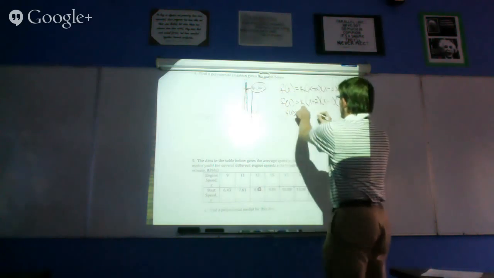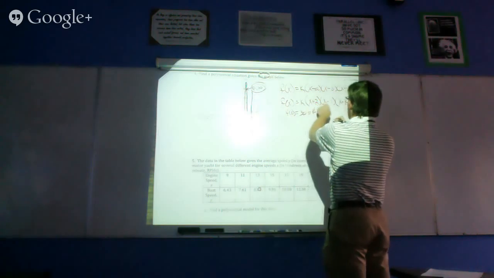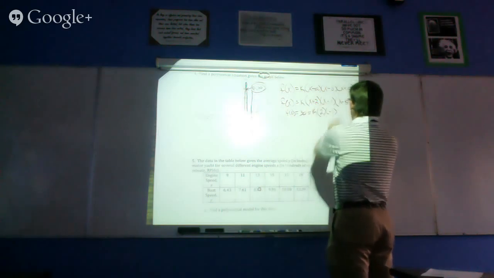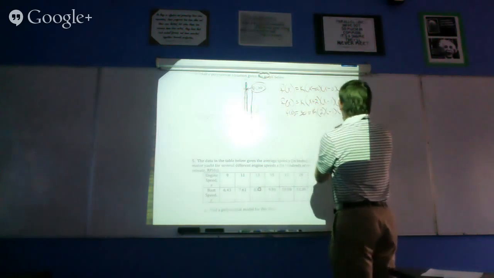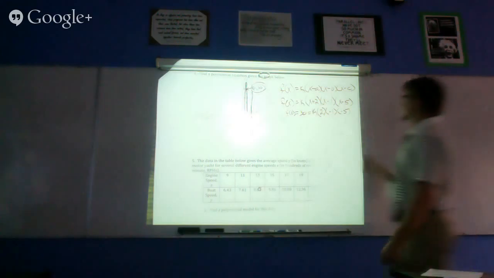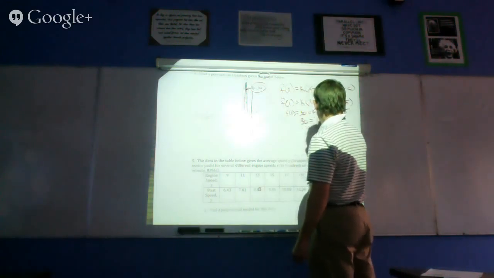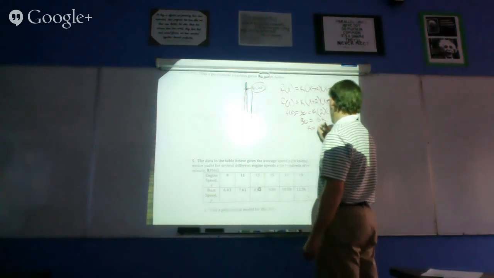Well, that's equal to k times 0 plus 2, well, that's 2. 0 minus 1, that's negative 1. 0 minus 5, that's negative 5. Well, what is 2 times negative 1? Negative 2. Times negative 5. Negative 10, excuse me, positive 10. So we get 30 is equal to 10k. So what's k? 3.